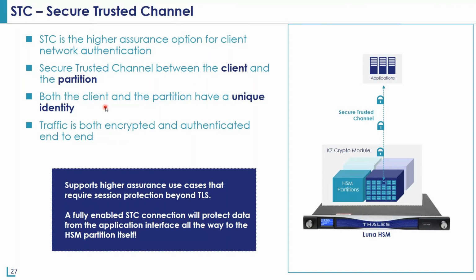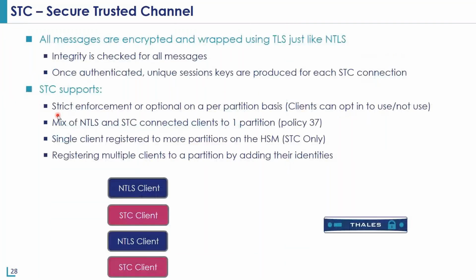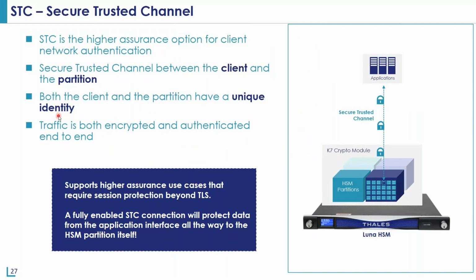How are they interacting? They're interacting with the help of unique identity. Client, they have their unique identity, and partition, they have their unique identity. So let's first understand what exactly is this identity keyword here. Your identity is nothing but your 2048-bit RSA key pair, a public and a private key pair.